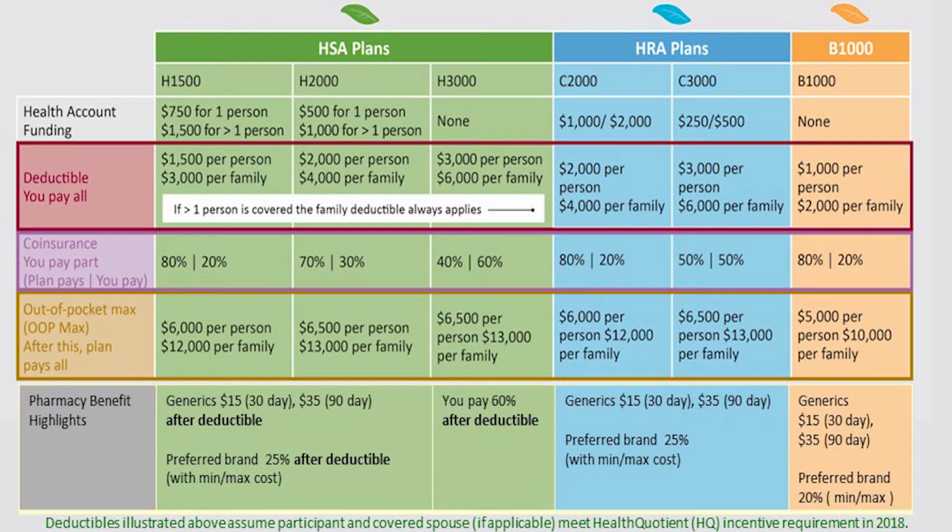However, the difference between the HSA and the HRA plans is, with the HSA plans, you as the participant, through payroll deduction, can contribute to your own health savings account. An HRA, you cannot contribute to that account. So the C2000 plan and the C3000 are in blue, and the HSA plans are in green, and you'll denote that by the leaf. I just want to make sure you understand the color coding.